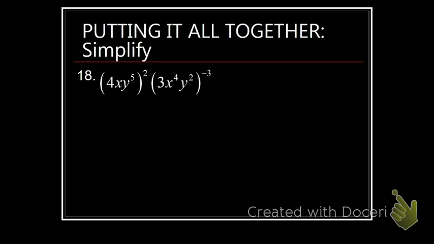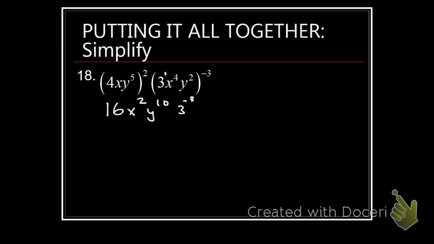I'm going to help you get started on this one. Everybody ready? Here we go. Follow my arrow up here. What's 4 squared? 16. X squared, y to the 10th. Now I'm going to help you over here on the right. That's 3 raised to a 1. So let's go 1 times negative 3, which is 3 raised to a negative 3.